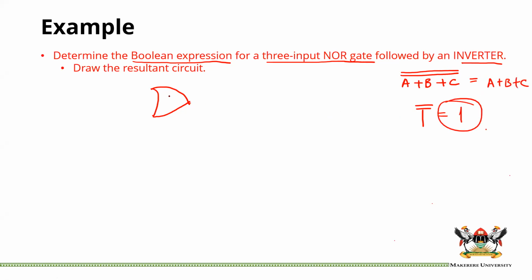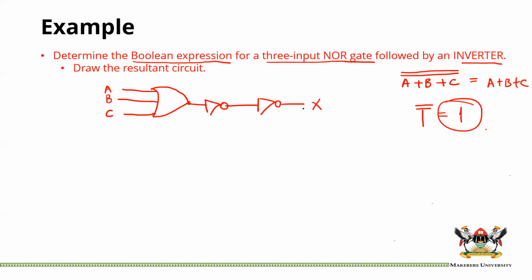But let's draw the diagram. You have a 3-input NOR gate, which is A, B, C. So obviously a NOR gate is an OR gate followed by an inverter. And they are saying that we invert again.